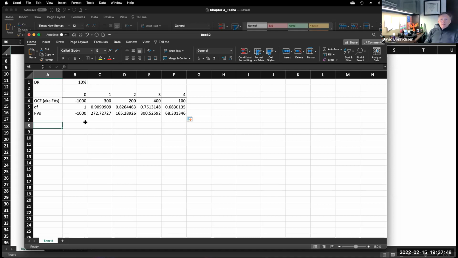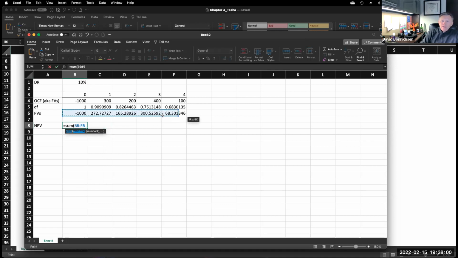And we call that the net present value, NPV, which is nothing more than the sum of all of the present values. We have this cash outflow of $1,000 today that the project is requiring.